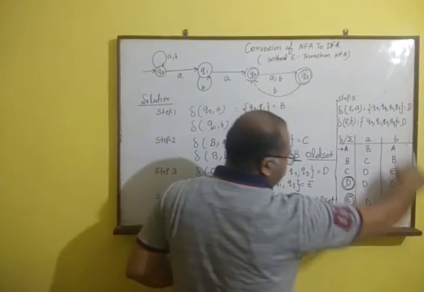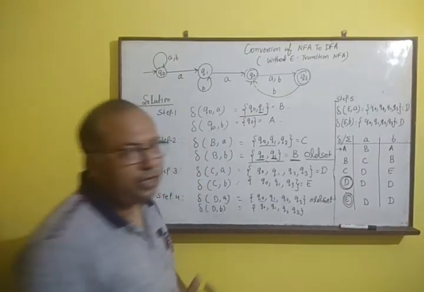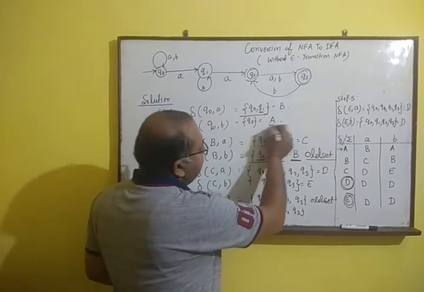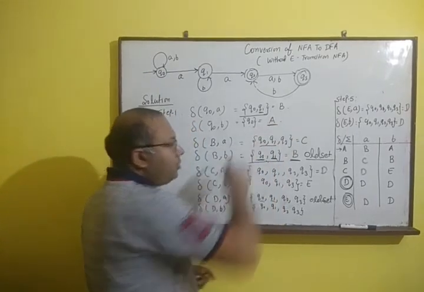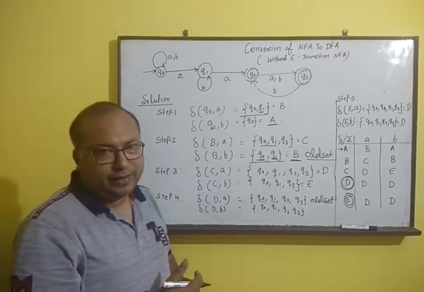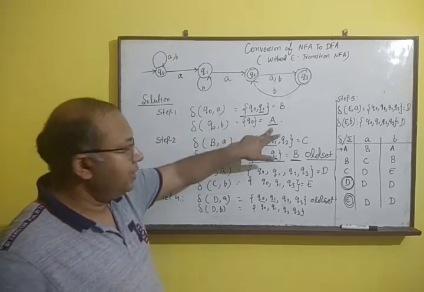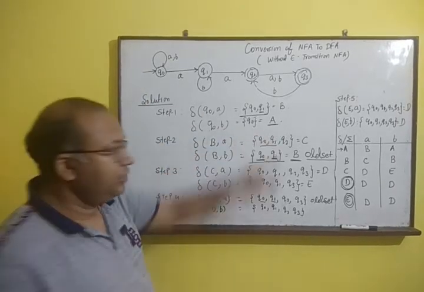So now here we are making the transition table of the equivalent DFA. Because in this A set there is only one state, that is our initial state in the given NFA, we will consider this A state as an initial state.